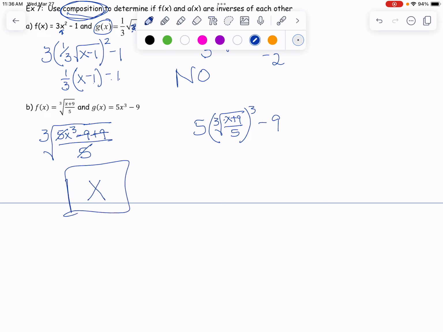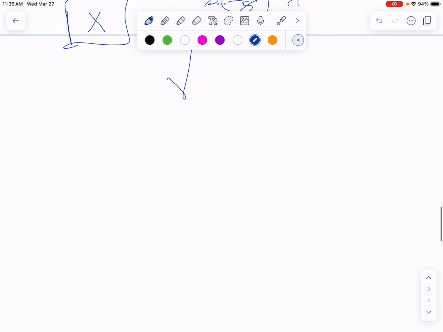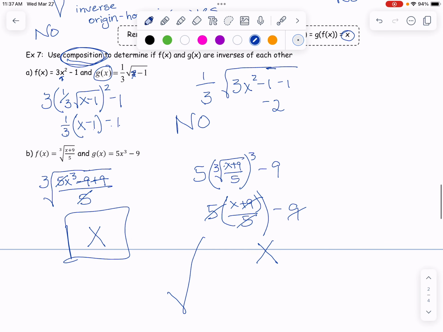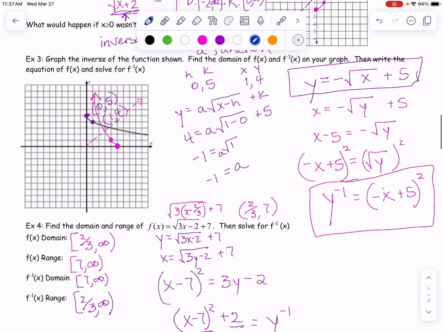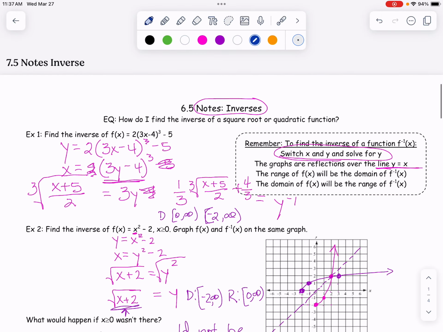This works. Then this, these things cancel, so you're left with 5 x plus 9 over 5 minus 9. Well, this 5 cancels, these 9's cancel, this is x. This is indeed inverses of each other. You have to end up with x for both of them. And those are your inverse lesson.